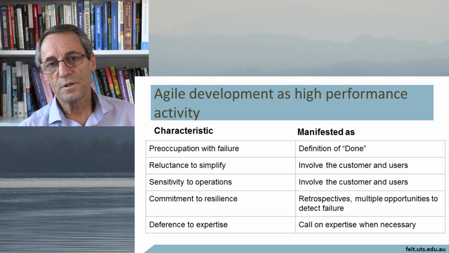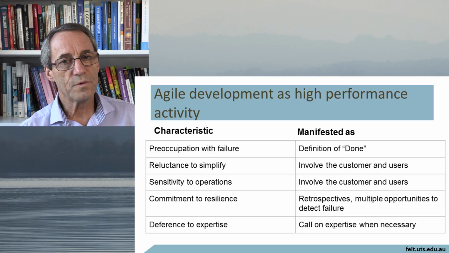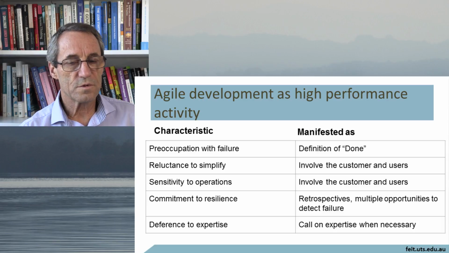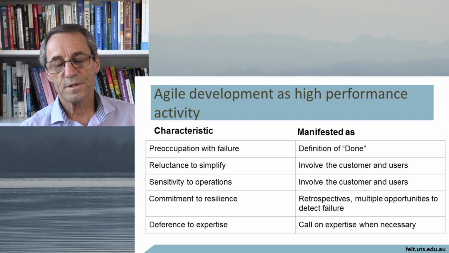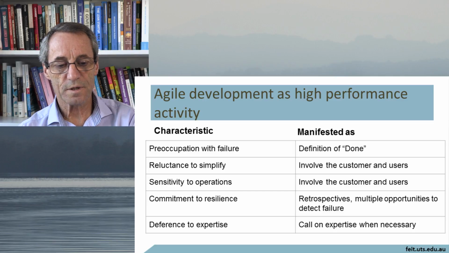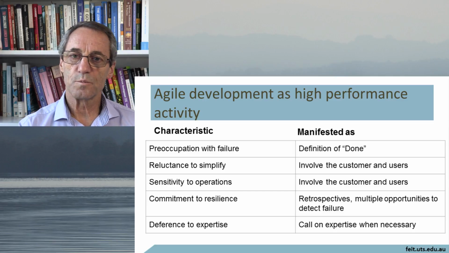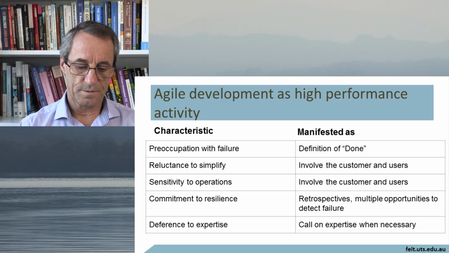And in that definition of done gets placed all of those things that people know ought to be completed before the software is fit for release. Now that's a mechanism in which all the lessons learned about that which could compromise safety can be placed. I don't think it's a complete answer, but it is a good answer.